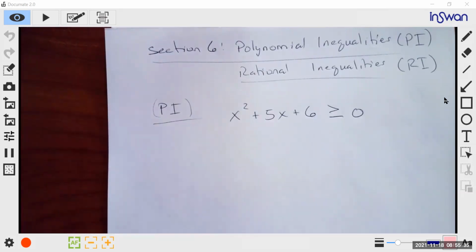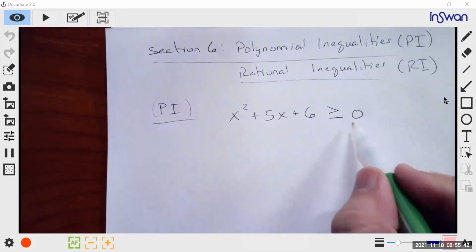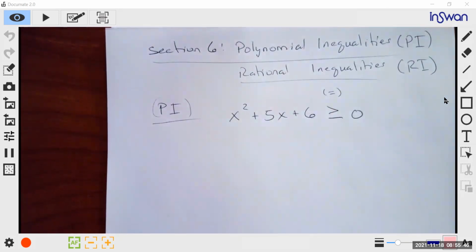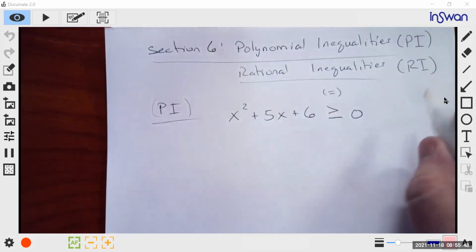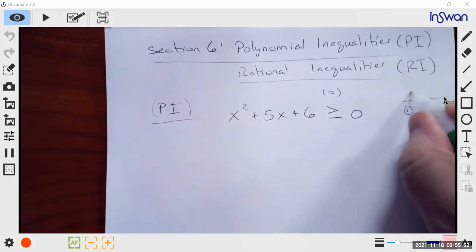So whether it's polynomials or rational equations, you have to move everything to one side. Has 0, treat it like an equal sign. Set equals 0, these are your steps.